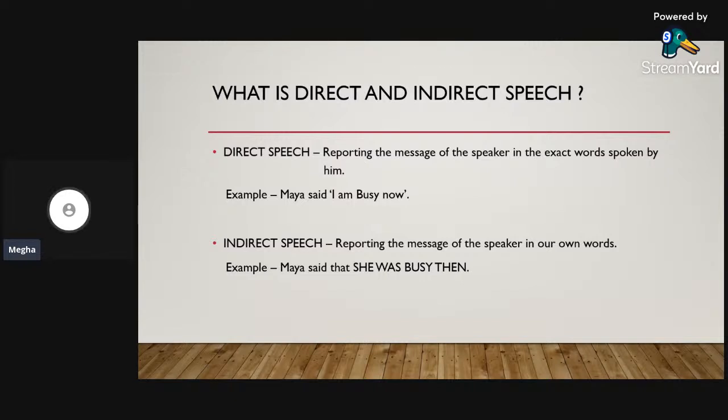Just one example for direct and indirect speech. No? Does it take time? Okay, I don't want to waste time.